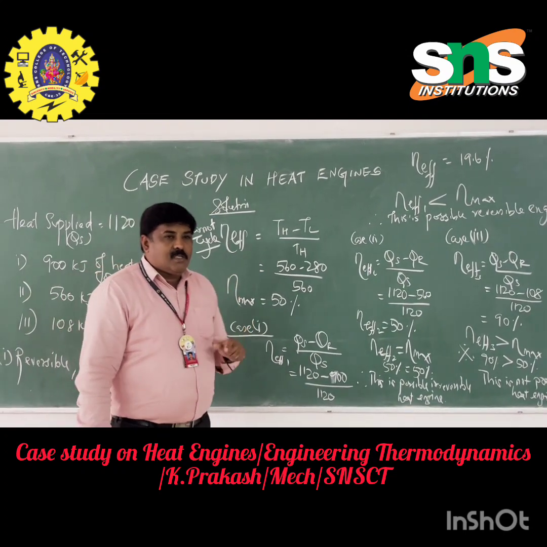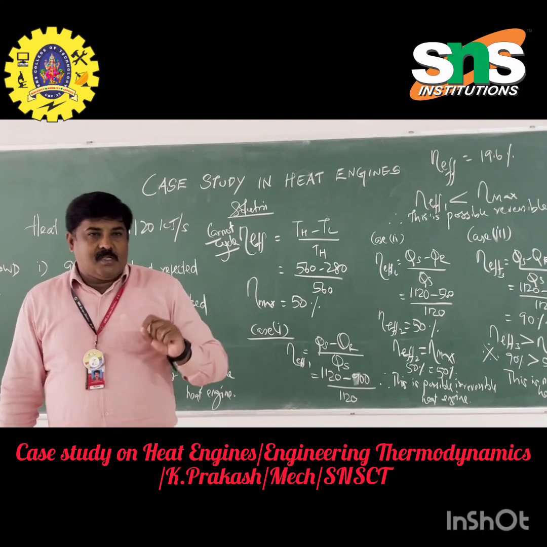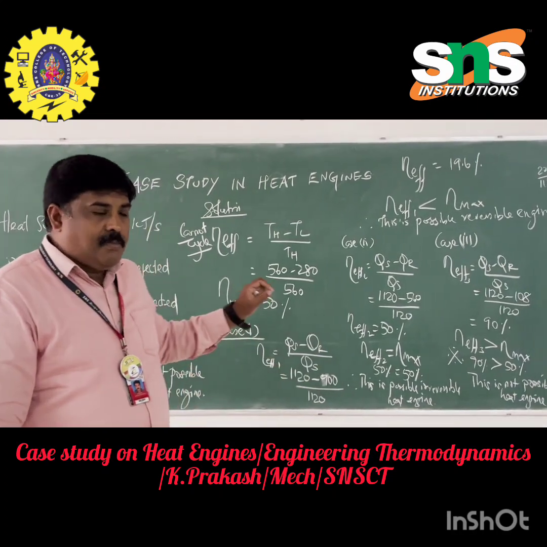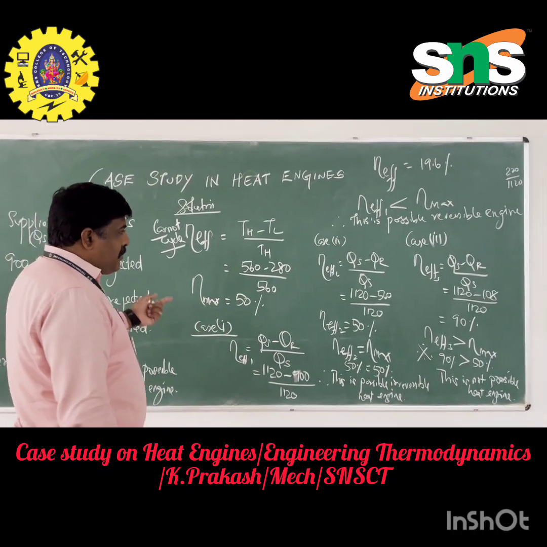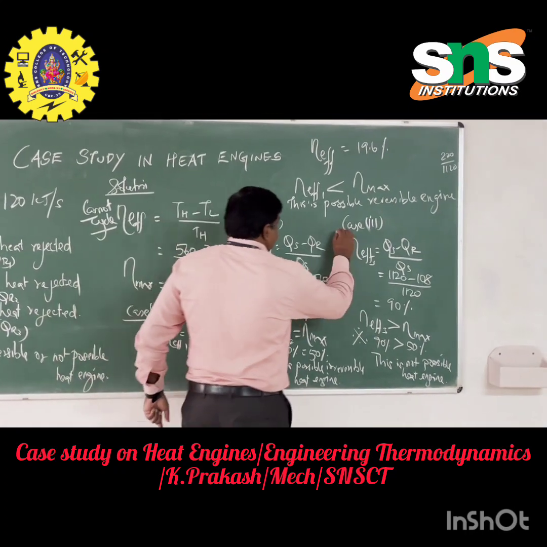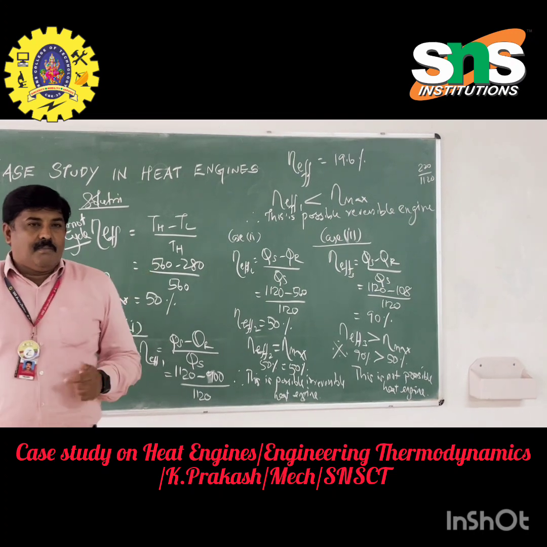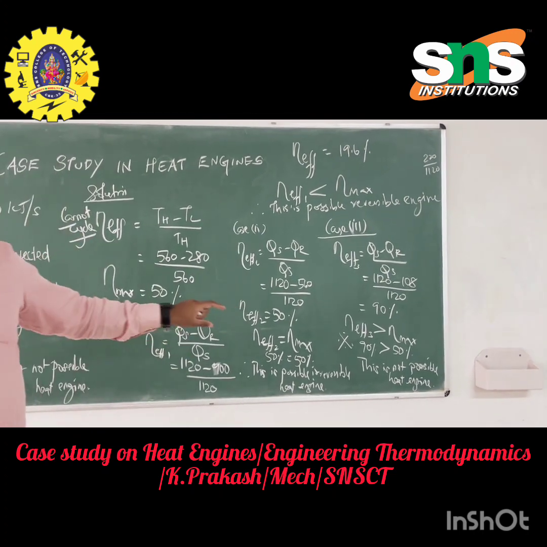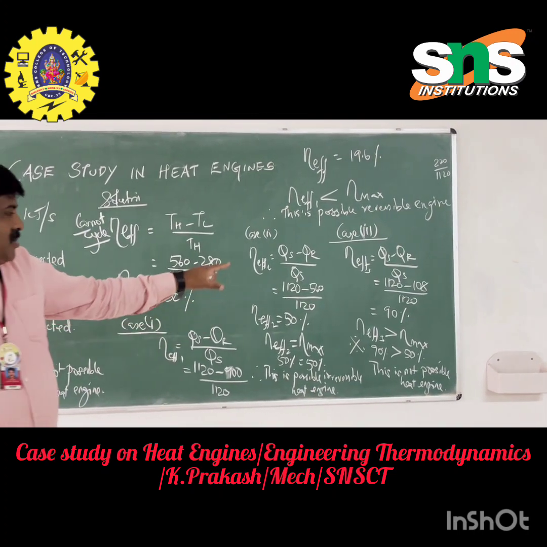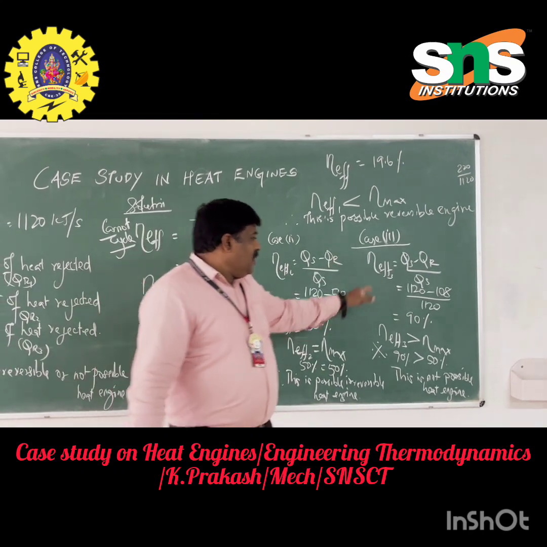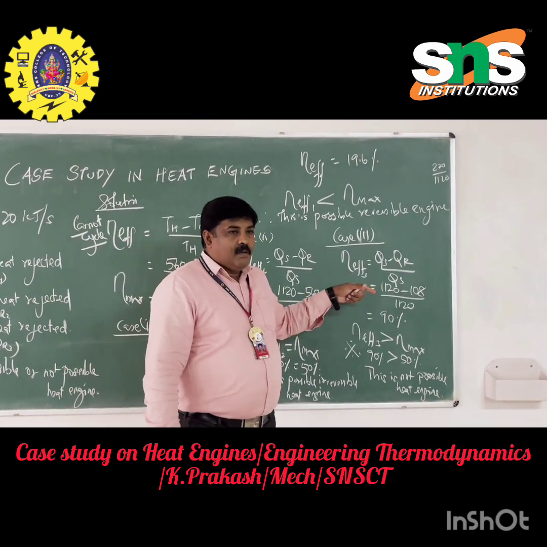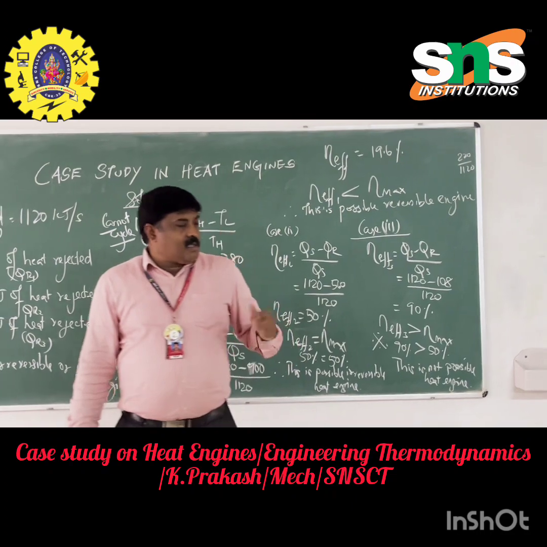So irreversible cycle efficiencies are the same, therefore this is a possible irreversible heat engine. Coming to our case 3, the efficiency is higher than the maximum efficiency, so this is not possible in any case. So a heat engine operating between these conditions cannot exist. Okay. So this is our case study.